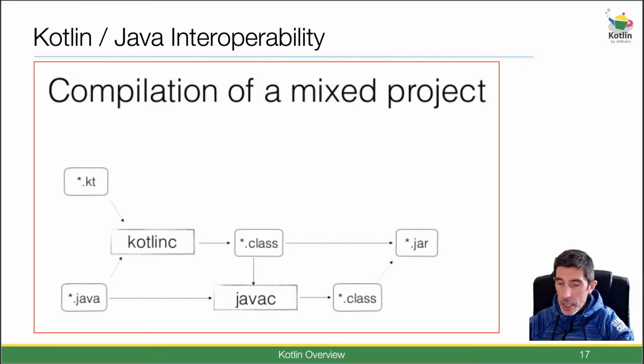We will see in the next section how we can mix and match, with a little walkthrough of a project. But for the moment, just know that the code itself needs to be kept in separate files. We need to have our Kotlin code in our .kt file and our Java code in our Java file. But once it's compiled, it's all compiled into the same bytecodes, which are then bundled up in an APK and dumped onto the device for your app.